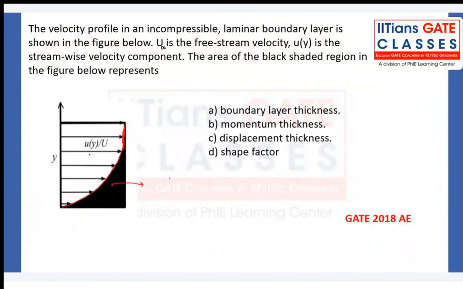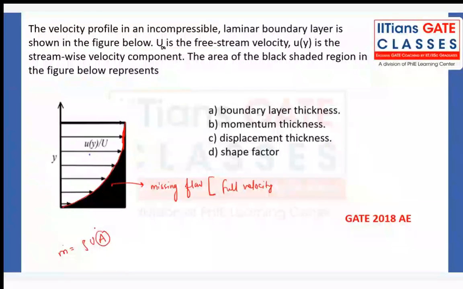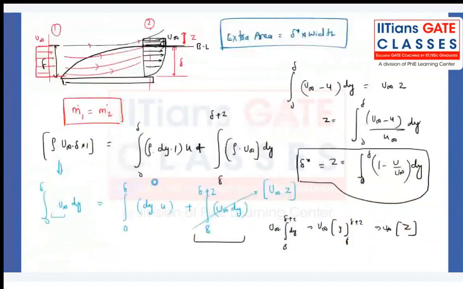This is nothing but missing flow. What is the meaning of missing flow? Full velocity is not there in this area. Area is available. Why is the mass flow rate getting reduced? Rho into u into area. Area is available, nobody can deny that. The whole area is available for the flow. Here also the area is delta into 1, and here also the area is delta into 1.